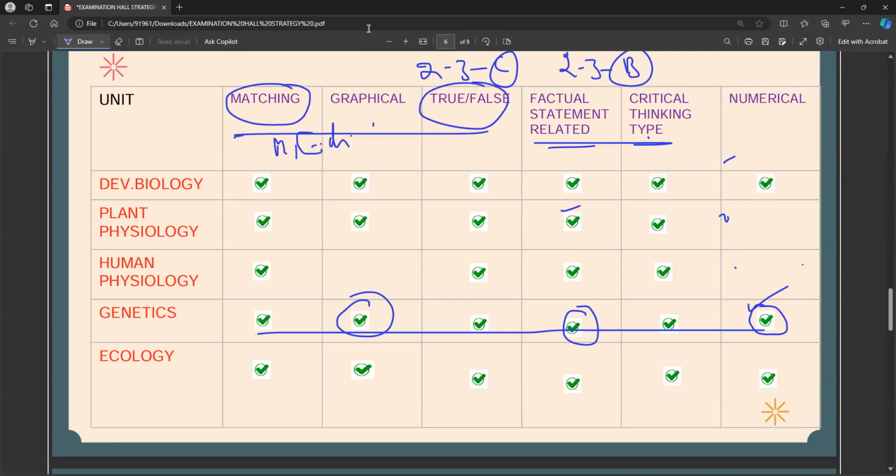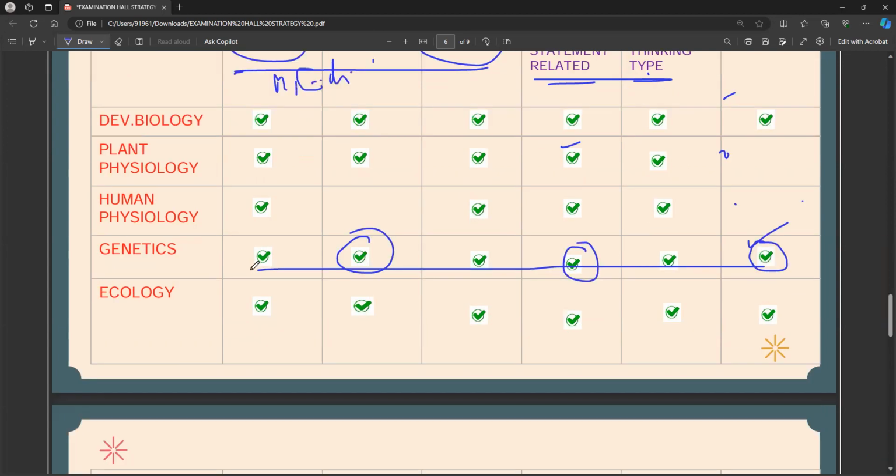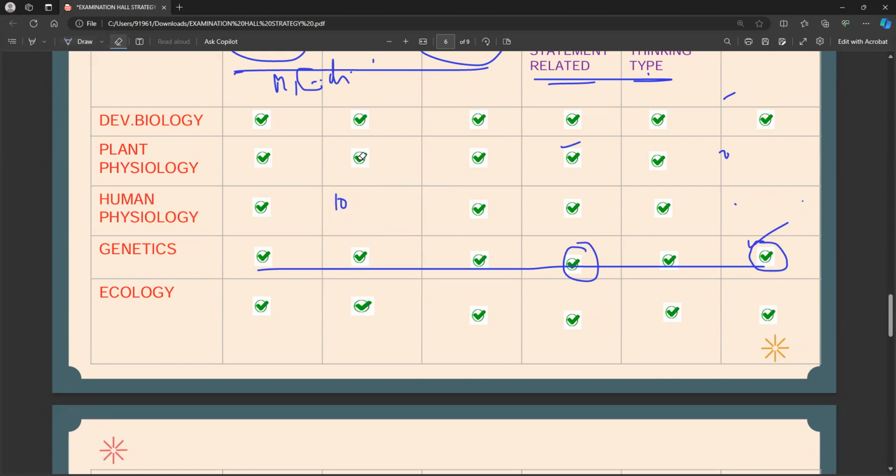But what is the point you have to observe? If genetics has 10 subunits, keep in mind that from 8 subunits you will get a question, including Part B and Part C. There is no doubt about it. So the frequency of repeated questions from genetics is high.